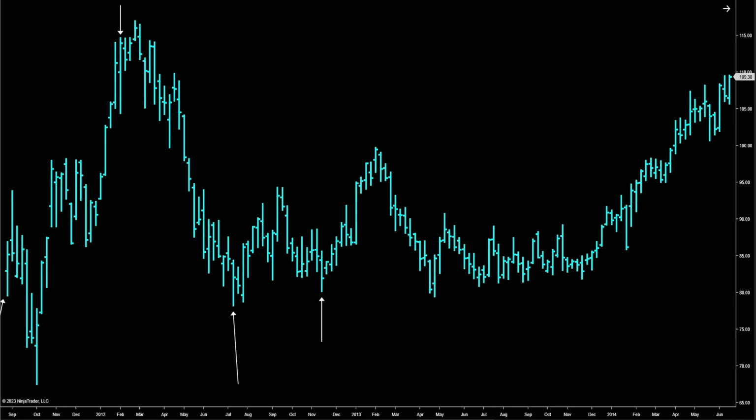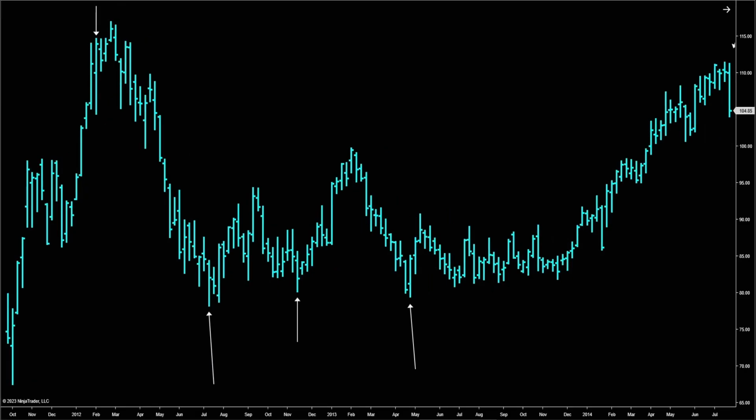Here we have a low heading up for several months. End of November 2013. Next, we have a low that checked the downtrend, end of April 2013.